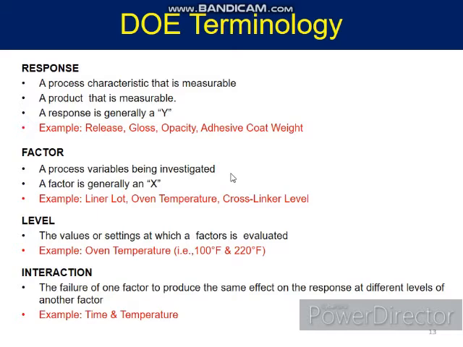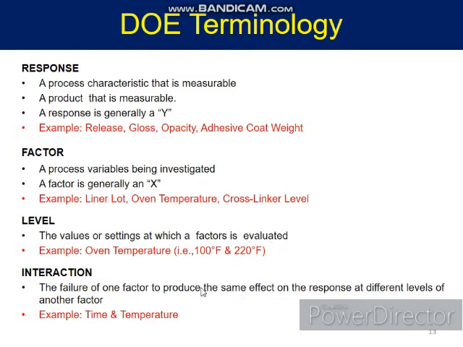In the case study that we did on one factor at a time, you were talking about speed, octane level and tire pressure. Those are factors. Levels, again, we have talked about before. For example, temperature will be 100, 150 Fahrenheit, and so on. It is the values or settings at which a factor is evaluated.